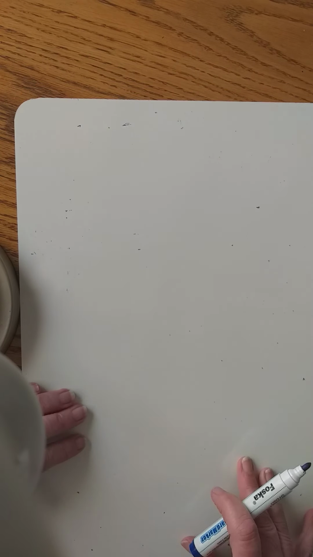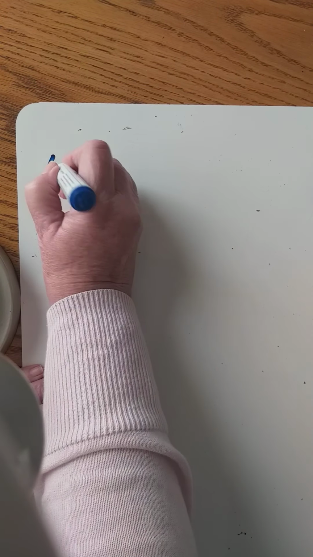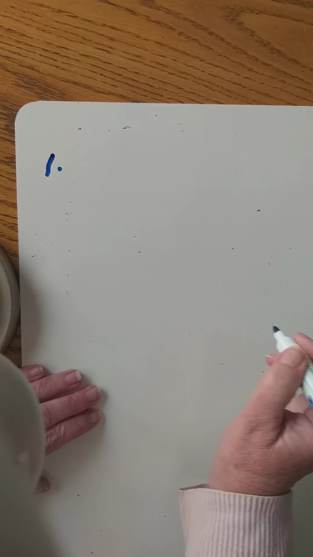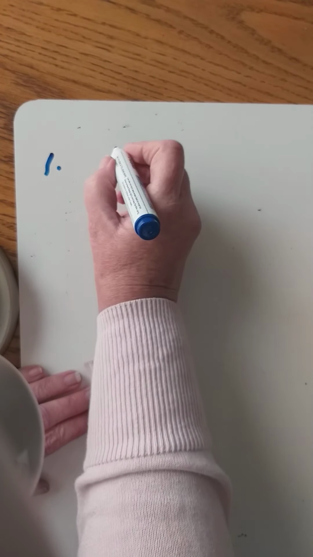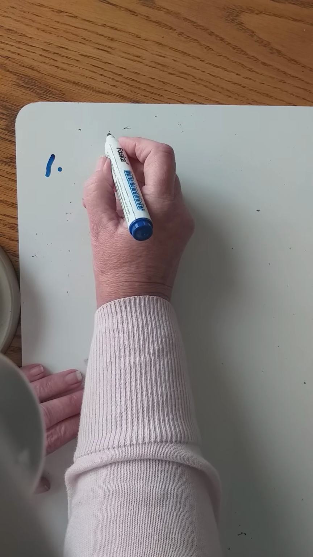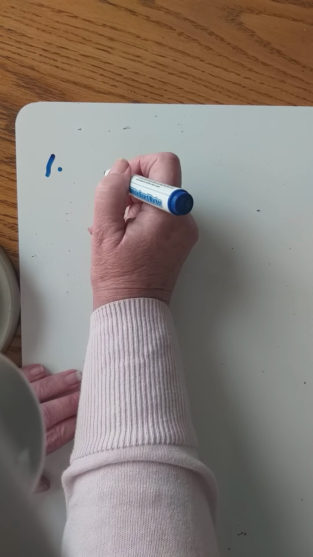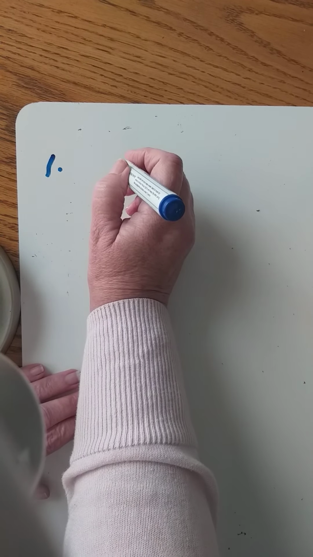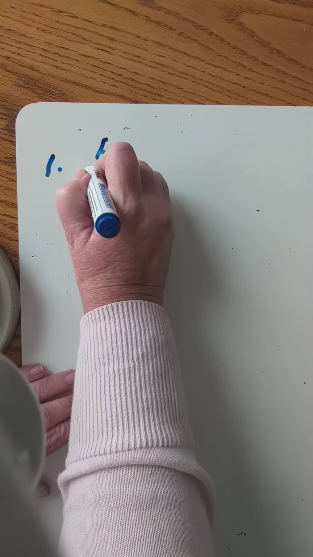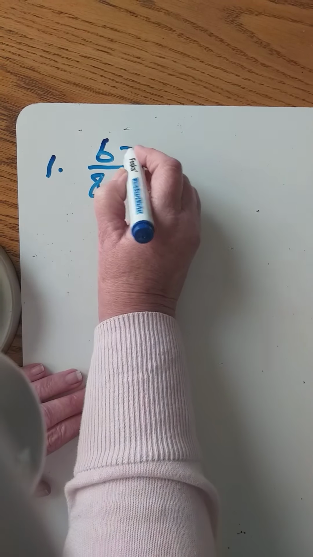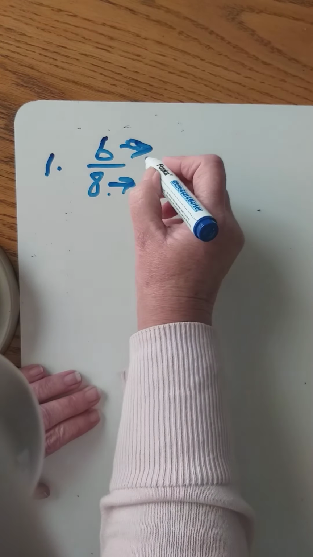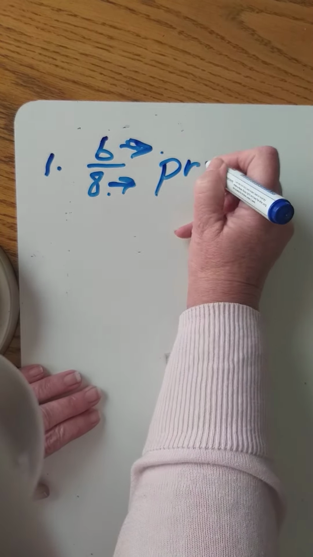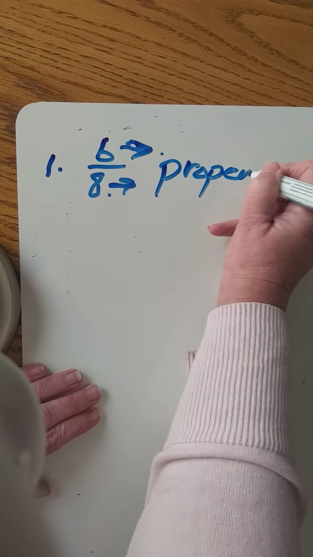Now, the first one says, number 1, all you've got to say is whether it's proper or improper or mixed number. Just a quick recap. If it's proper, you know the denominator and the numerator and what the sizes should be. So if I've got 6/8, the numerator is smaller than the denominator, and for that reason, it is a proper fraction.